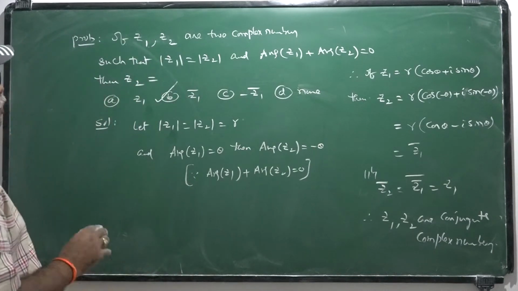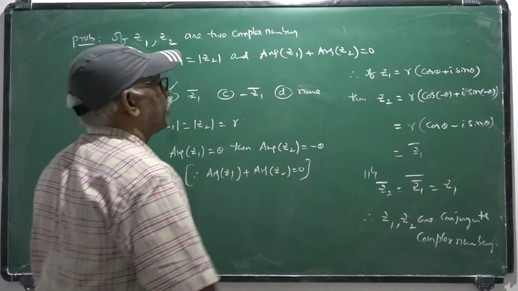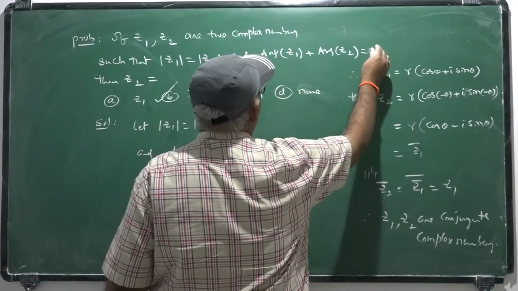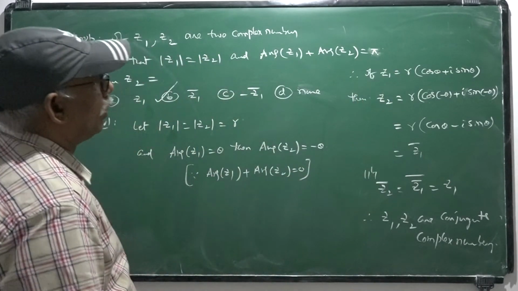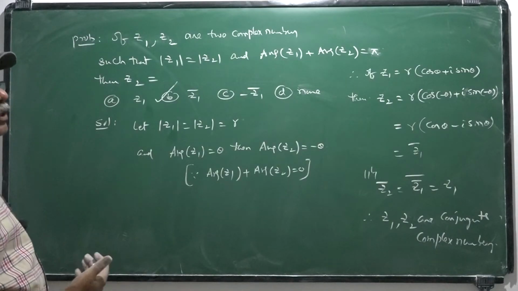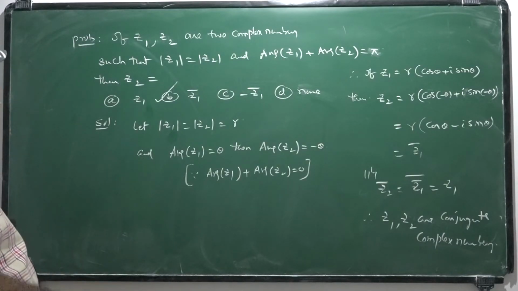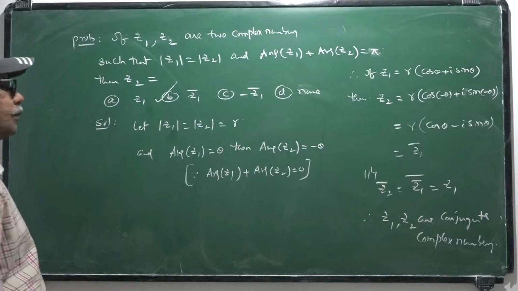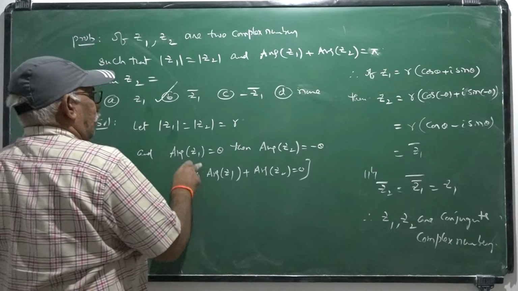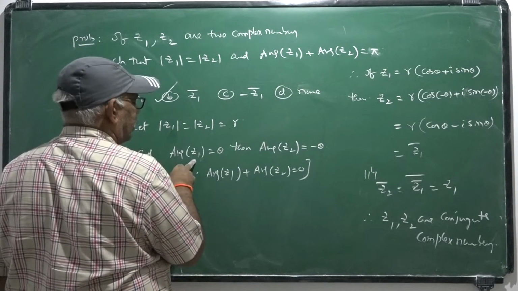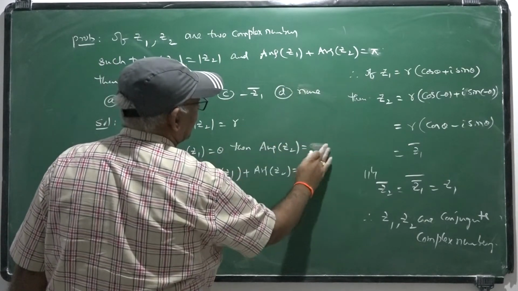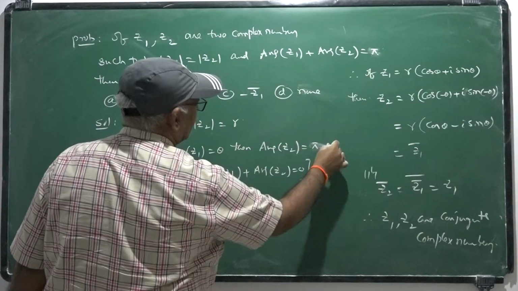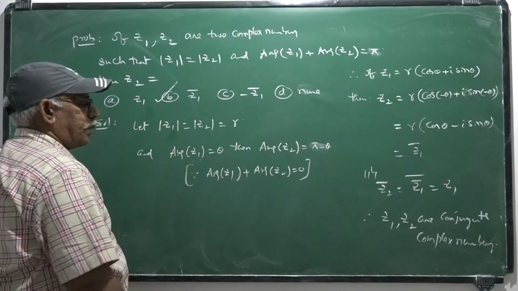Suppose in the same problem, the argument of z1 plus the argument of z2 is given as pi. Then z2 in terms of z1. In such case, once the argument of z1 is theta, then the argument of z2 is pi minus theta.